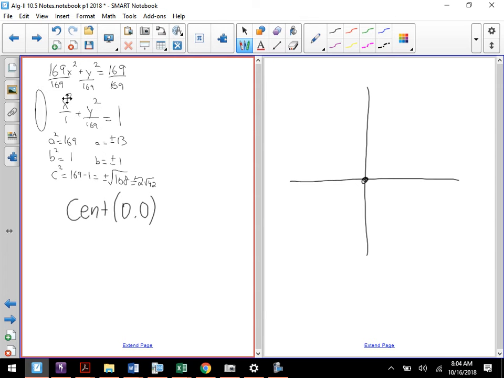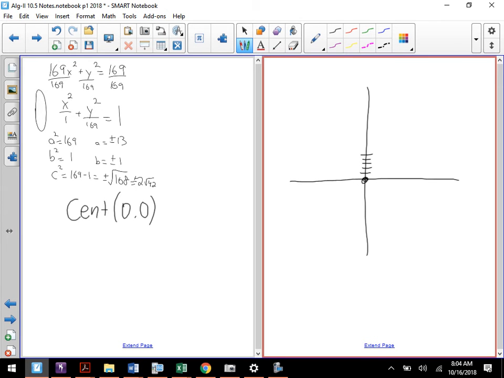Vertex. Center to vertex is your A value. So you go up and down 13. Your co-vertex is left and right 1.